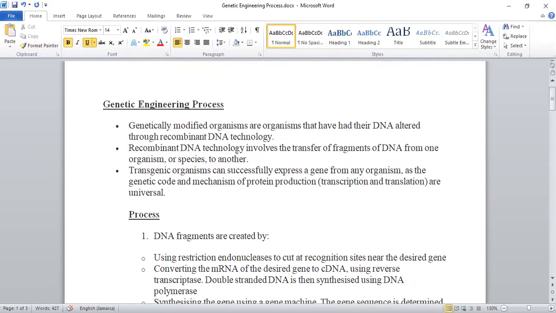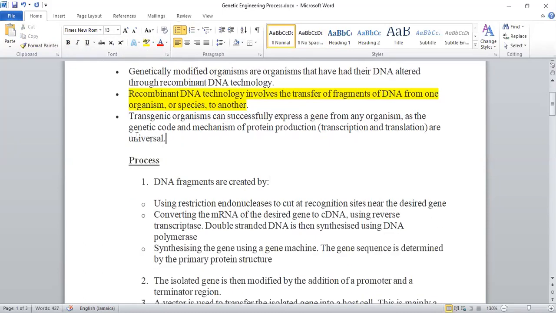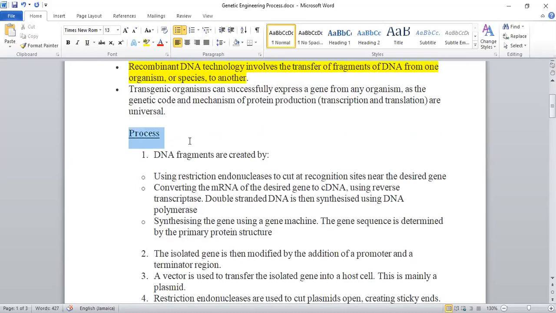And recombinant DNA technology involves the transfer of fragments of DNA from one organism or species to another. Let me highlight that, okay? Now, transgenic organisms can successfully express a gene from any organism, as the genetic code and the mechanism of protein production are universal.